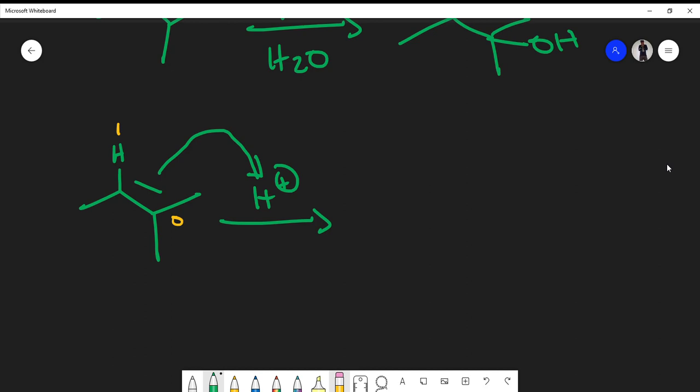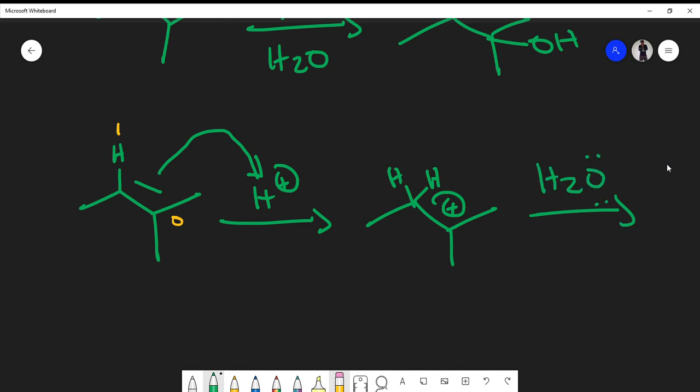So the double bond comes in, attacks the H plus ion, and we're going to form a carbocation. The carbocation is going to be on the more substituted carbon. We initially had one hydrogen before, and there's a second hydrogen that we just added. In the second step of the reaction, the water molecule, the oxygen portion, comes in and acts as a nucleophile.